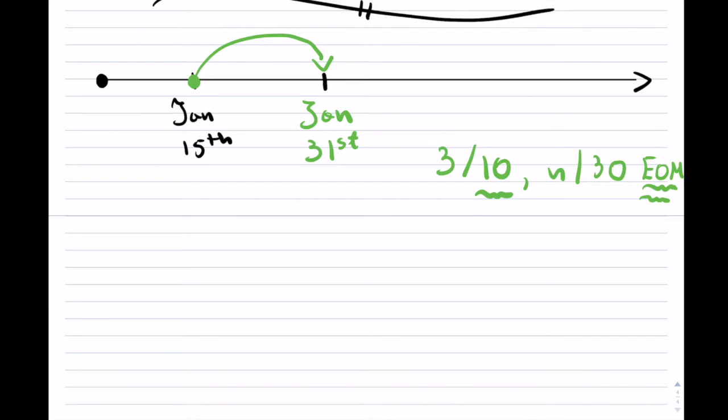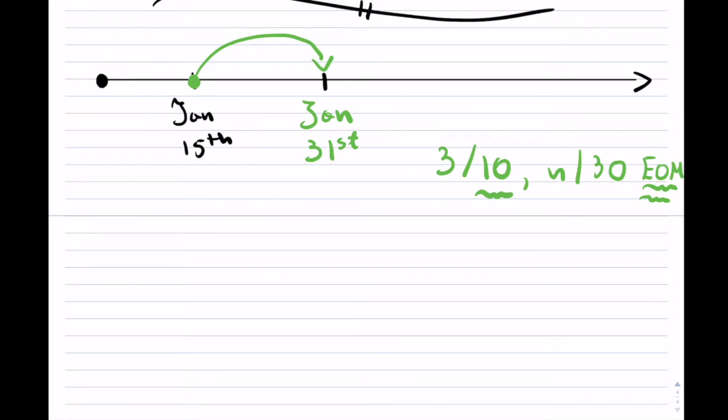If it was February, depending on the year, 2020 has 29 days, so you would move it to February the 29th. Whatever the invoice date is, if it's in January, you move it to the end of January. If it's in February, you move it to the end of February. If it's in September, you move it to the end of September.